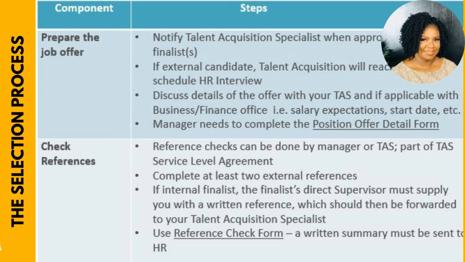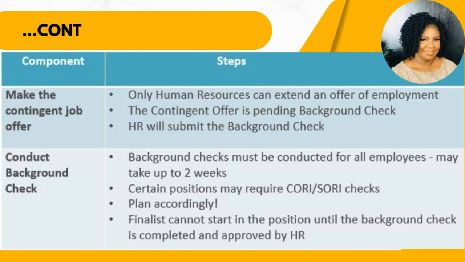So, for example, where there is an open position and you have an employee who is willing to take up the new offer, your previous or current supervisor can serve as a reference. Always have a reference check form so you can always refer to it as the case may be.